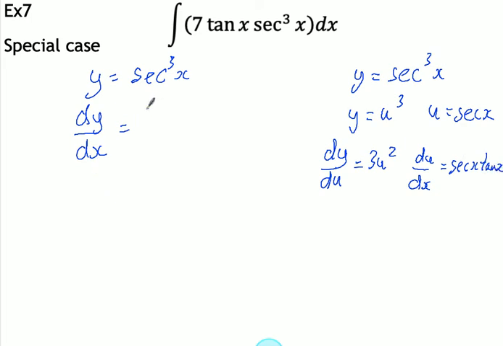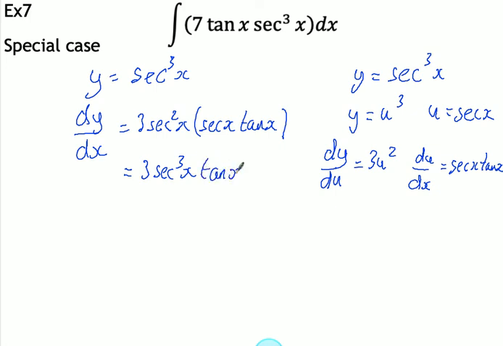Okay, so here it's going to be 3 sec squared x sec x tan x. Now I'm just going to tidy this up ever so slightly. So that is 3 sec cubed x tan x, which is very, very close to what we wanted.